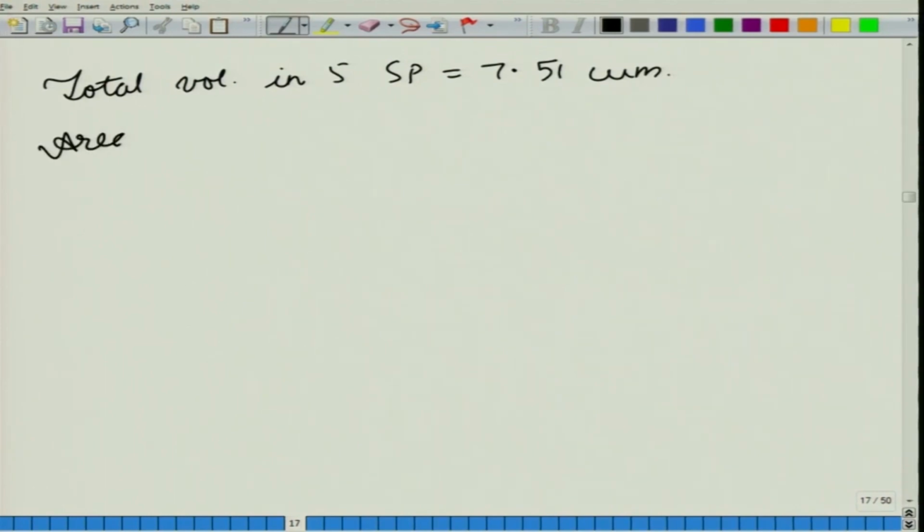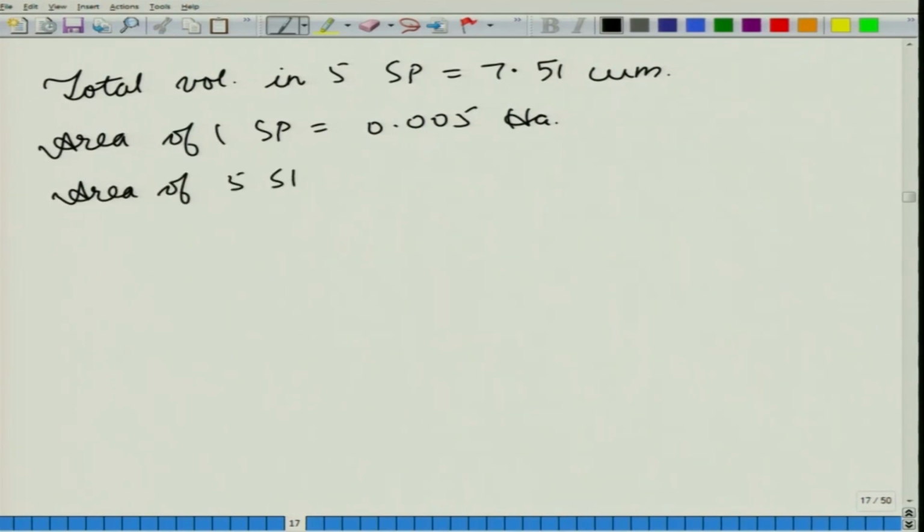Now the area of one sample plot is given to be 0.005 hectares. So the area of 5 sample plots is 0.005 into 5, which is 0.025 hectares.